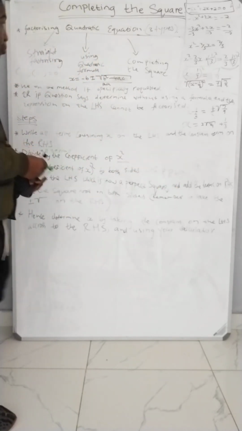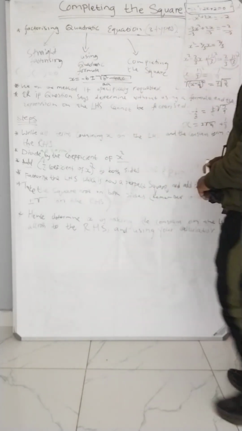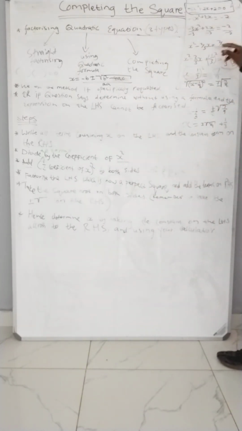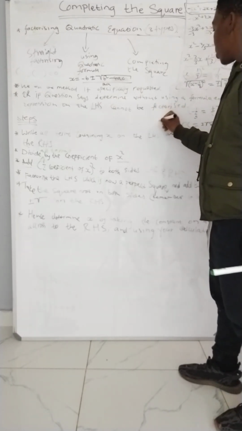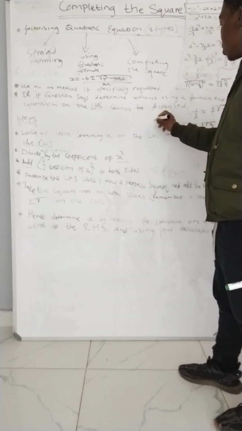So now let's see if we did that. So we took half of the coefficient of x. The coefficient of x is minus 2 over 3, right? We took minus 2 over 3. I think we did this.